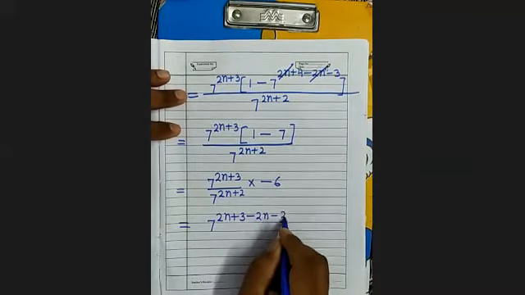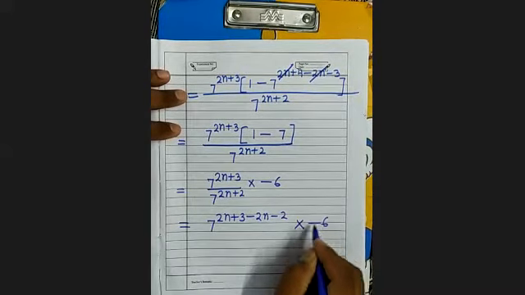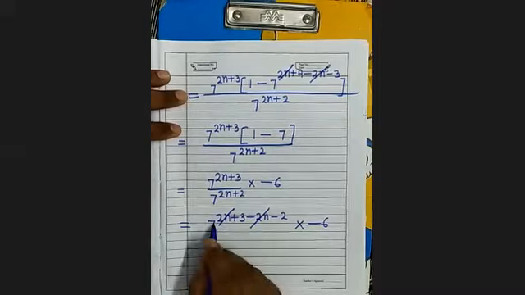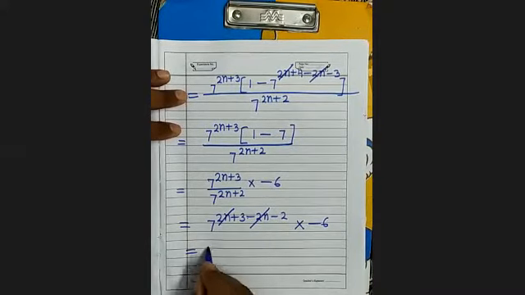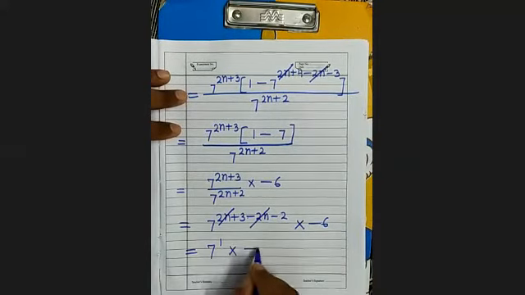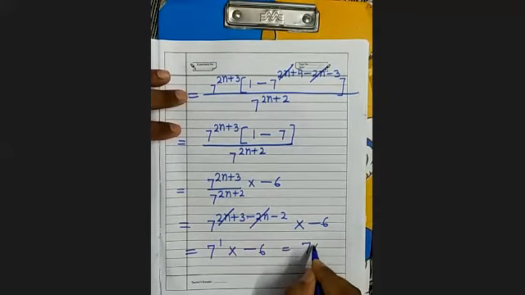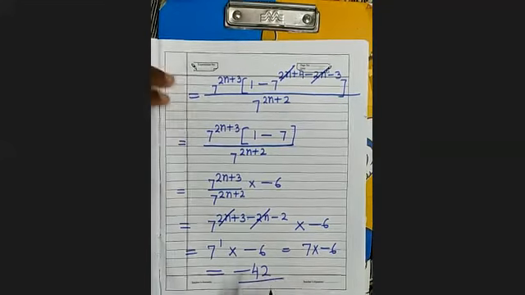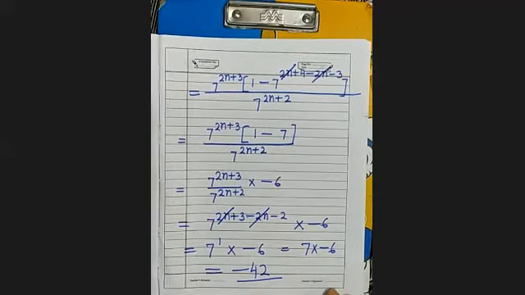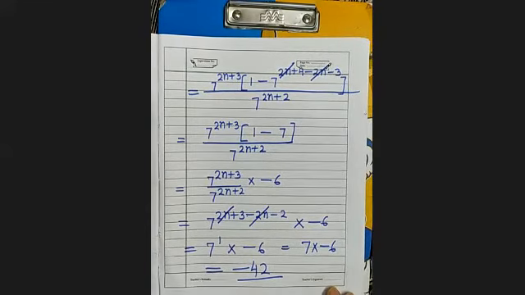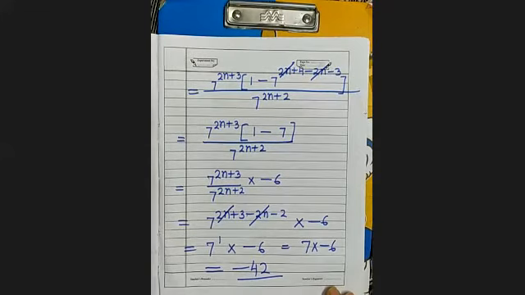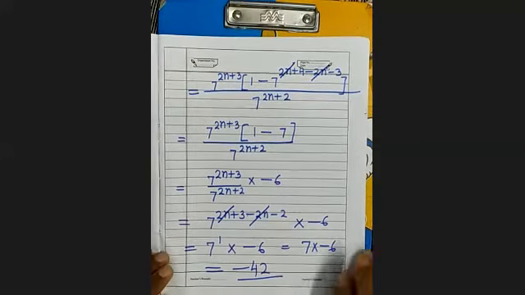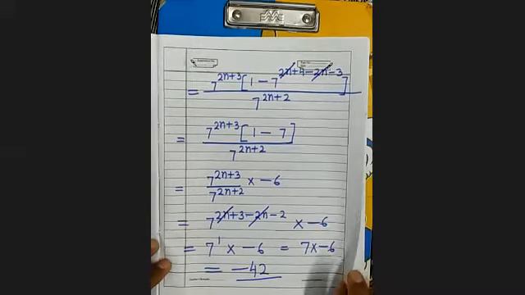When the quotient rule applies, this and this cancel. 3 minus 2, that is 7 into minus 6, which means minus 42. It will be minus 42. So this way you can do. Now see here. So this is question number 16.